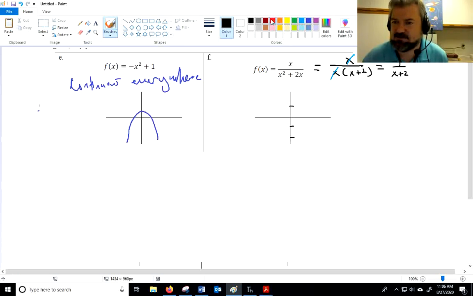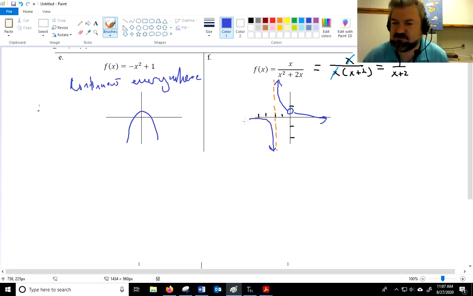So when x is equal to 0, the simplified function would give me a half. But the original function did not allow us to have x equals 0. So it's a hole. And this 1 over x plus 2 is actually a rational function that we talked about earlier, where it has a vertical asymptote right here. So it's pretty much exactly the same, except for that hole has been added right there on that branch.